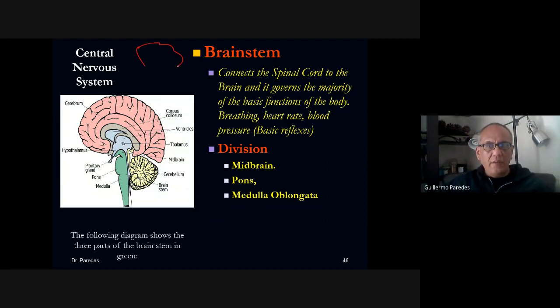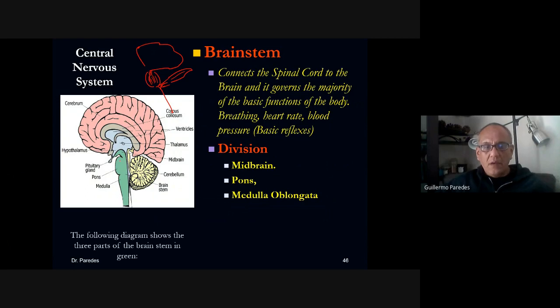The flower is the cerebrum, with the leaf on the side of the flower, and here we have a stem. Actually, the stem of the flower is the brainstem. Why am I giving this comparison? Because people confuse the brainstem with the midbrain.